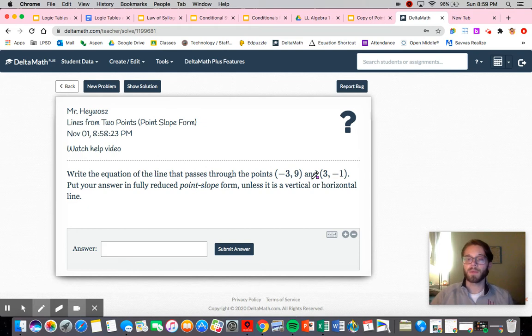And just as a quick reminder to everybody, point slope form is the form of a line when you have y minus y1 is equal to m times x minus x1.